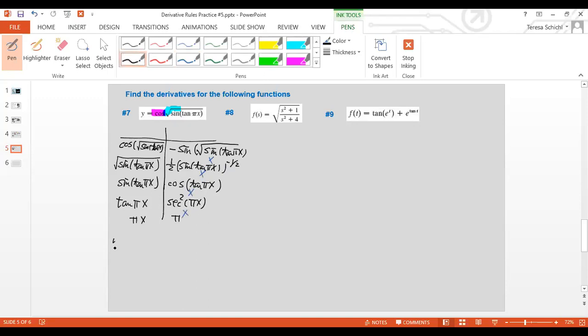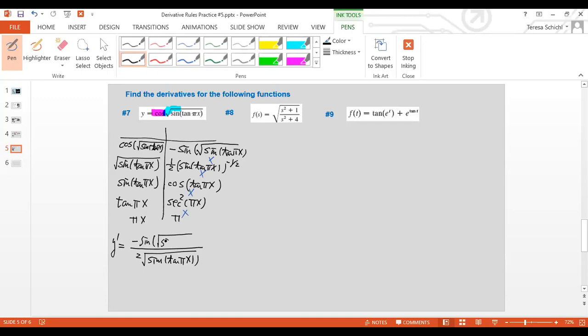Okay, so my final answer, the y prime. So what is my y prime here? My y prime will be, I have here, this is 2, this is negative 1/2. So I have this one here. I have this is the sine tangent pi x, right? And then here the top is the sine, just multiply all of them together.